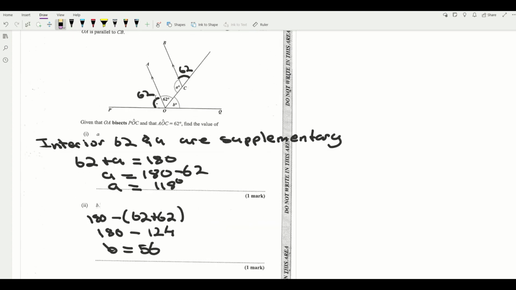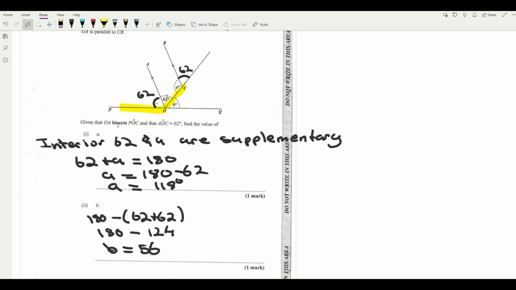Reasoning for this angle being 62 is because they said OA bisects POC, that is this angle. They are bisecting this angle. So if OA is bisecting, that means these two angles are equal, and that is how you would know that this angle is 62. And obviously POQ is a straight line, and a straight line is 180.